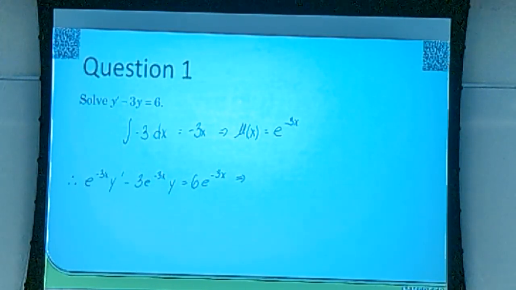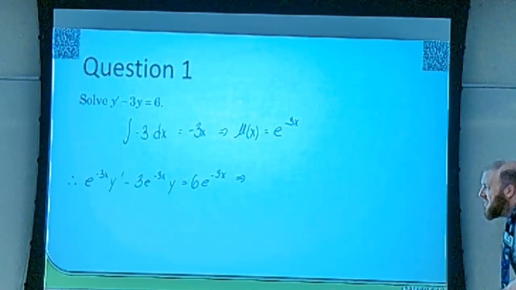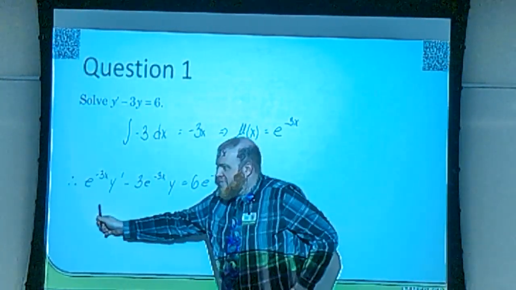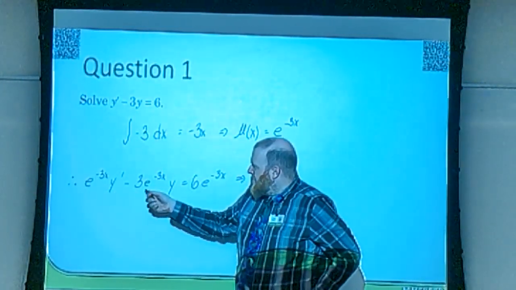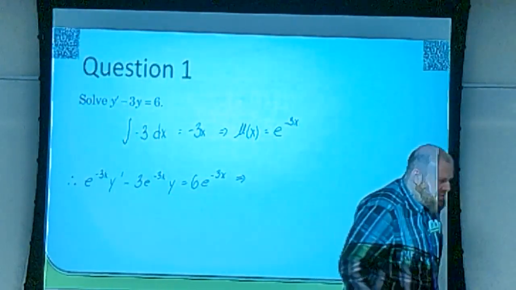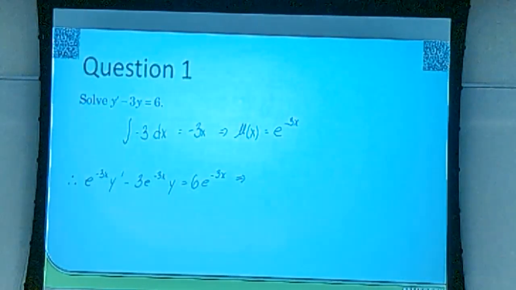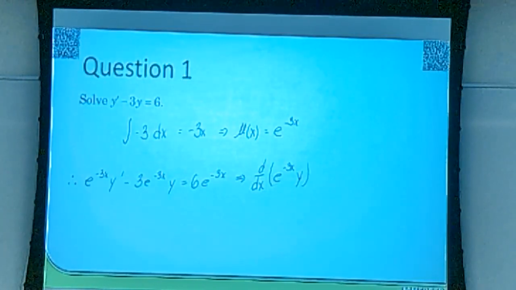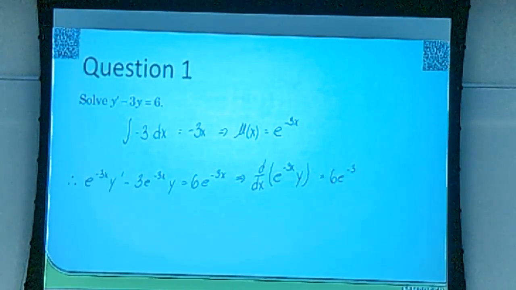What you'll notice is that now this left-hand side is a product rule: first times derivative of the second plus second times derivative of the first. It's the derivative of that function. We now anti-differentiate both sides.